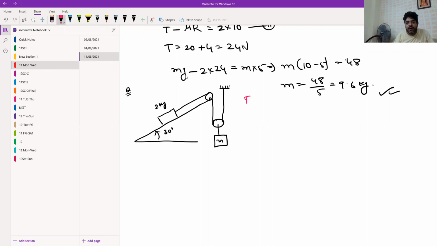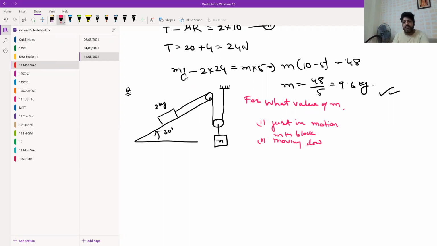For what value of m: number one, just in motion; number two, the m kg block moving downward with an acceleration a equals 5 meters per second square.